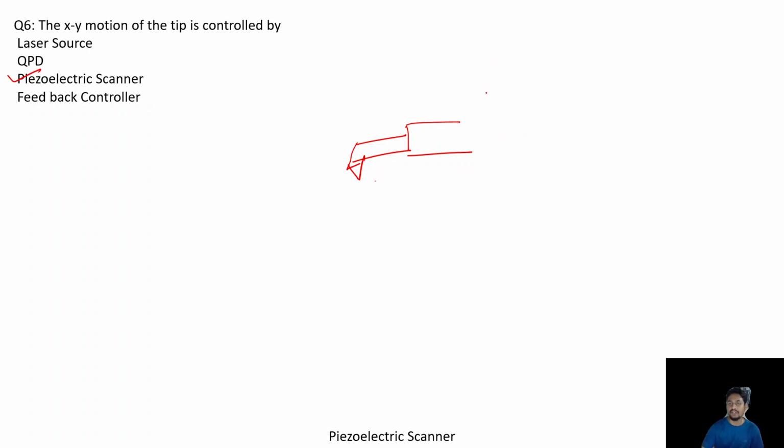Depending upon the force, we get different voltages in the QPD detector, and that voltage comes into the feedback loop and goes to this piezo scanner so that it changes its height or position. So this XY position is maintained by the piezoelectric scanner.